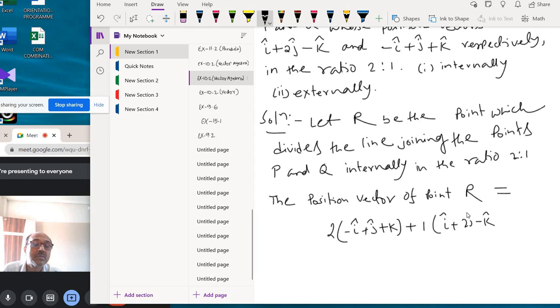Divided by 2 plus 1, because the point is an internal point.